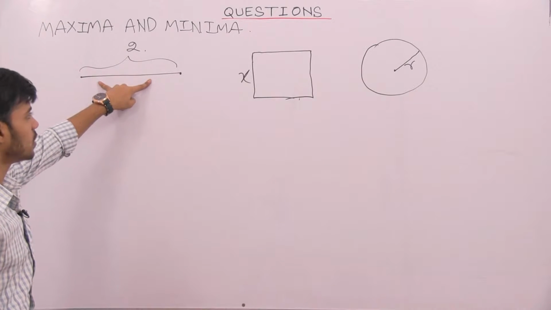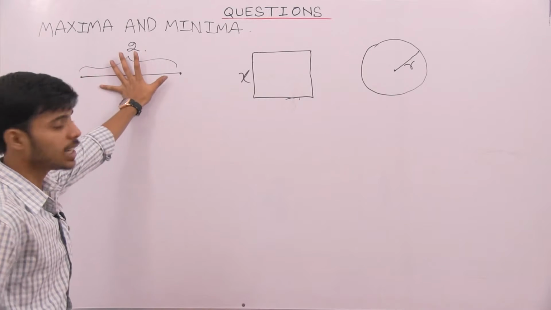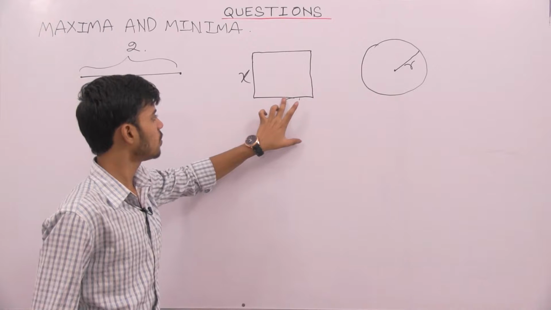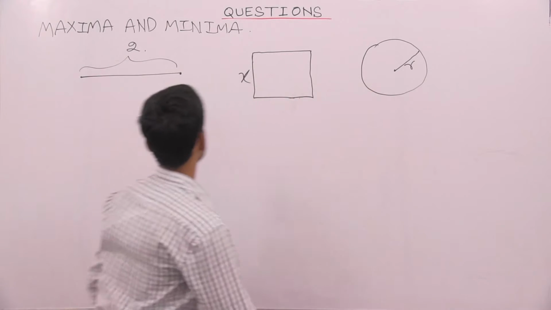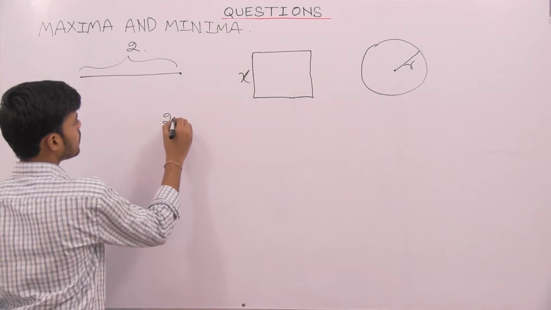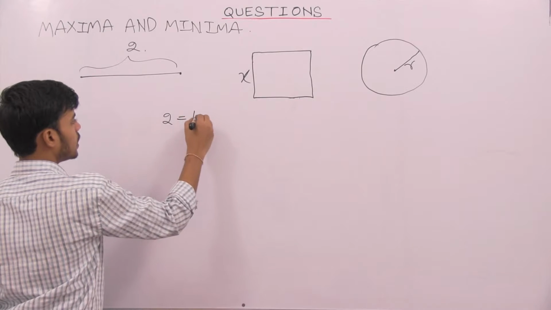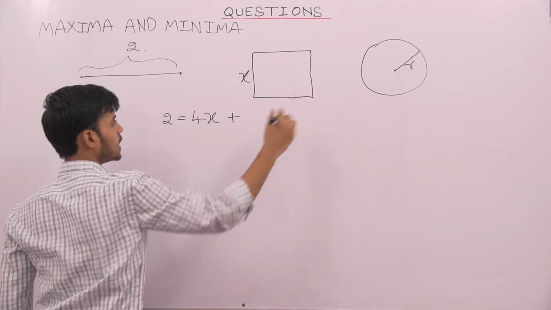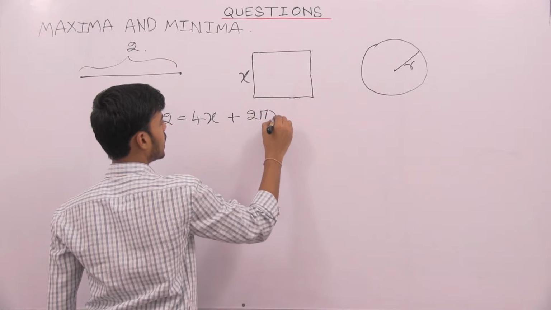We know the length of the wire, hence the initial length 2 units should be equal to the perimeter of the square and also the circle. Hence 2 is equal to the square perimeter 4x plus the circle's 2 pi r.